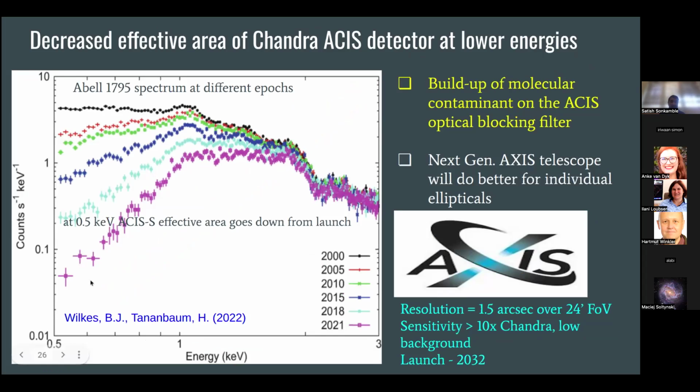Because of that reduced effective area, it's difficult to study individual elliptical galaxies. So the next generation telescopes like AXIS will be very useful to study AGN feedback in individual elliptical galaxies. And this is probably not possible with Chandra because the effective area is less at low energies.